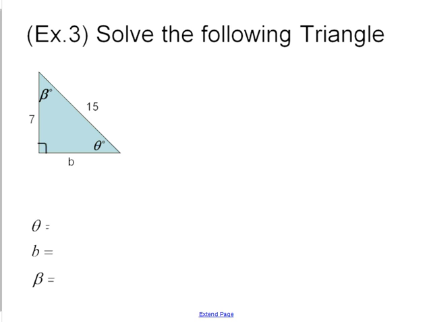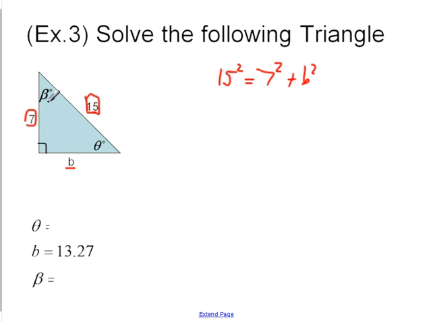Now, to start with, the easy way to go first in this instance is, we know those two for sure. We can use the Pythagorean theorem to find side length b, because we know those are right since they're given. So we set up 15 squared equals 7 squared plus b squared, and we solve, and hopefully we get 13.27.